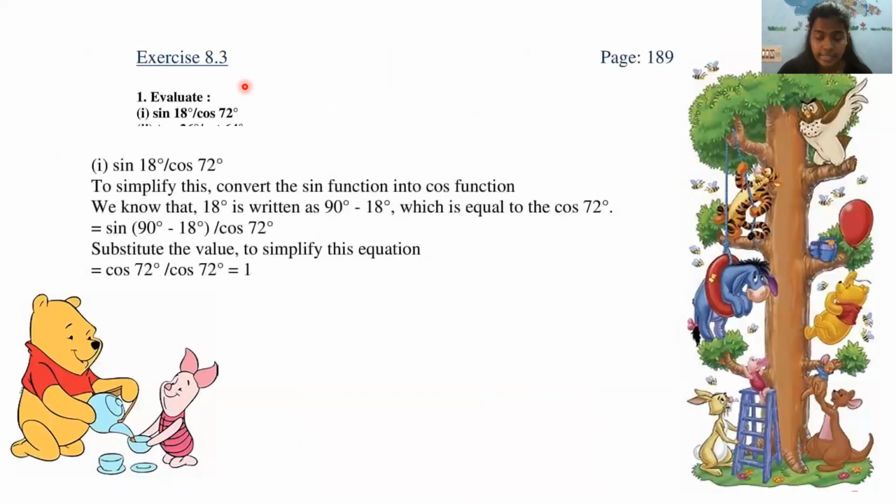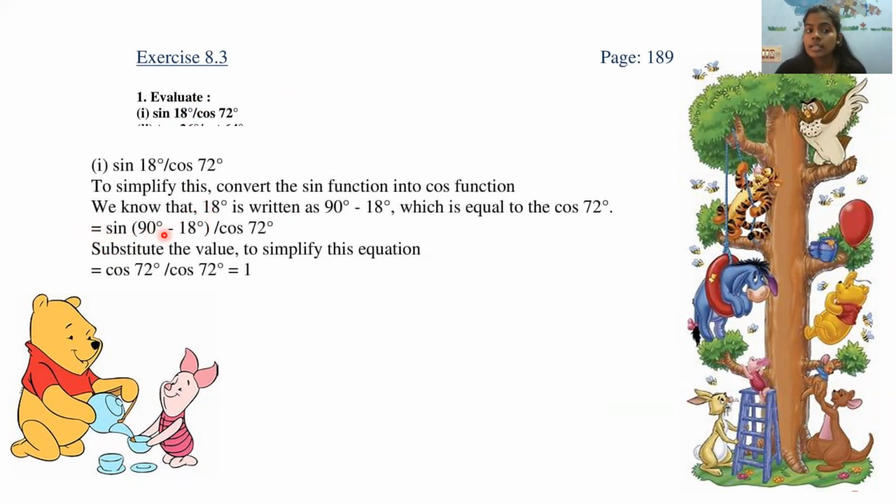We'll just see an example, so you will find it easier. Sine 18 by cos 72. Here, I will take either one because sine and cos are complementary, right? So I will take either one. I'll take sine 18. Sine 18 can be written as sine of 90 minus 18, as my complementary angle. So what is sine of 90 minus 18?